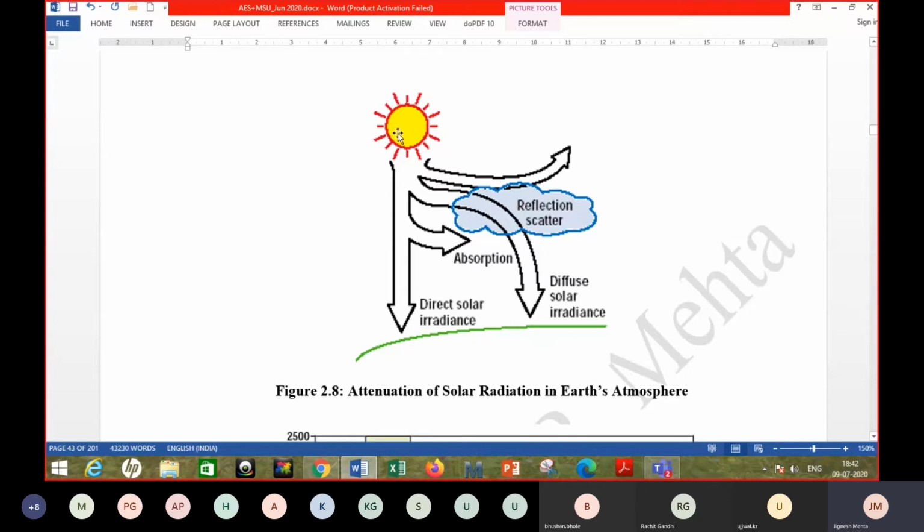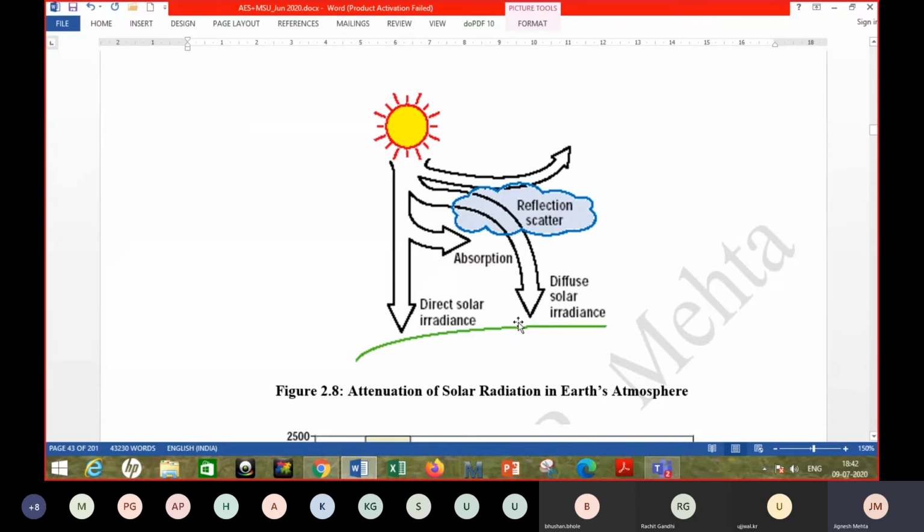What happens to the solar radiation? Some part of solar radiation is able to travel in a straight line and fall on the surface of the Earth directly, but some part gets reflected from the atmosphere, some part gets absorbed, and some part is lost into space.